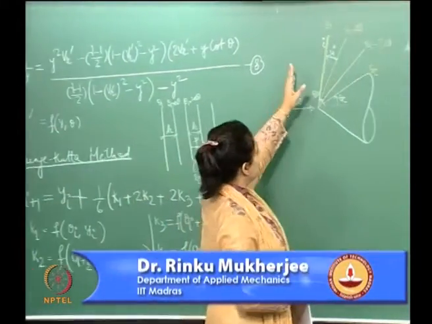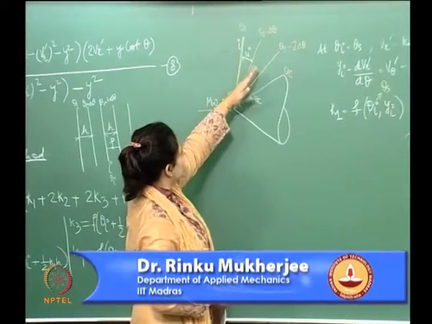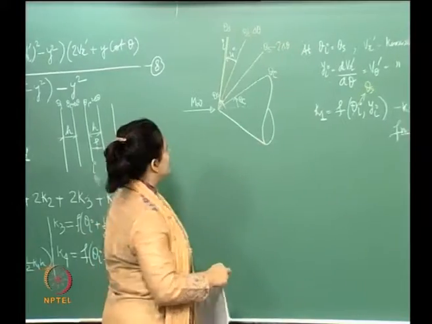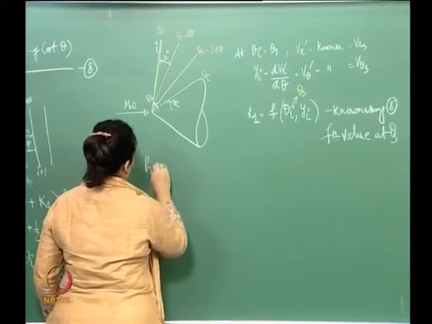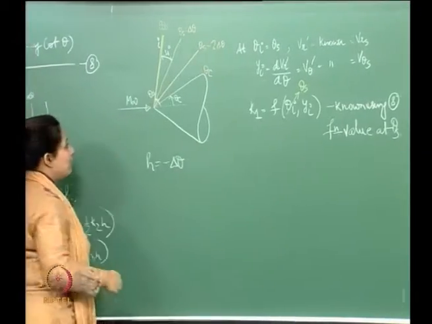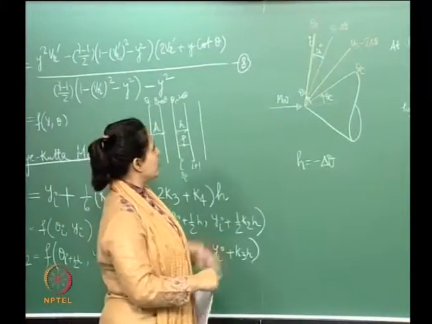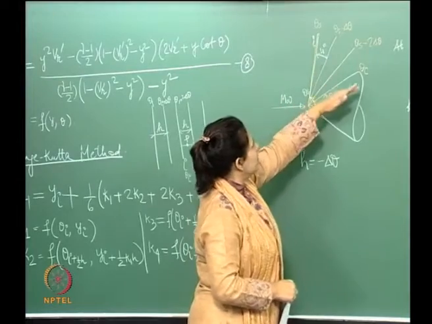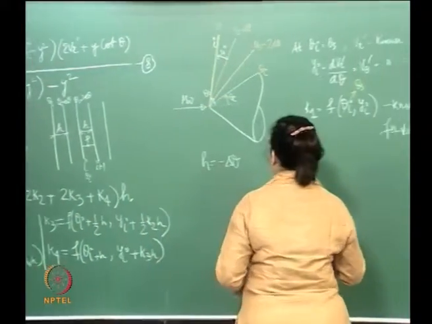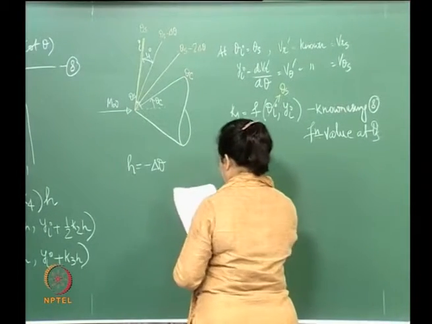In here, however, our I plus 1 is actually going behind, we are going back. So the only thing is the h here we will write as minus delta theta, right. We are sort of moving back from here to here.